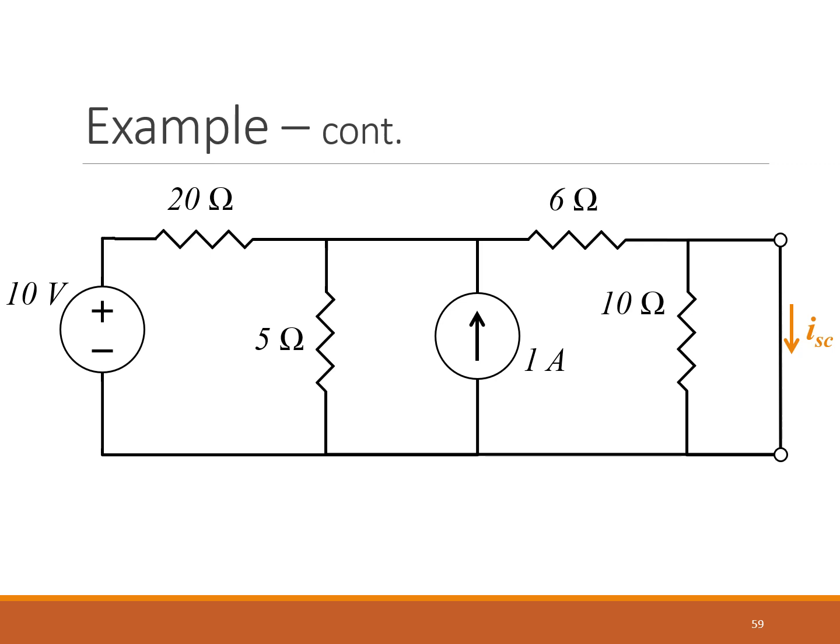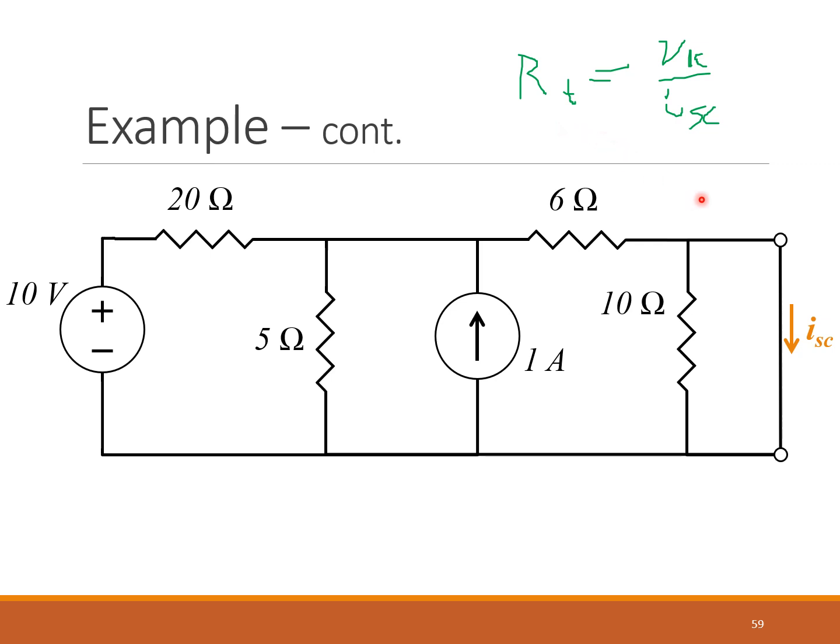We now have our VOC, and we know from a previous video that R Thevenin is equal to that VOC divided by our short circuit current, ISC. Of course, we already know the value of the VOC. We just saw on the previous slide that that was 3 volts. So if we find I short circuit, we can then calculate our Thevenin resistance.